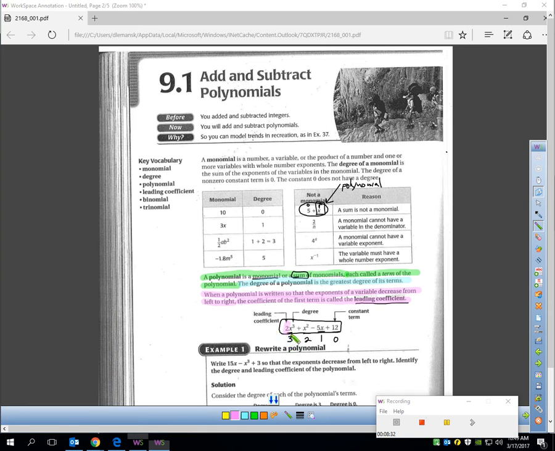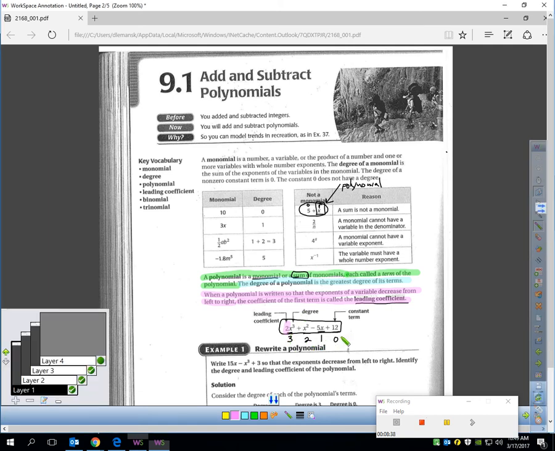So this has a lead coefficient of 2. Do you notice the highest degree in any of these terms is 3? So the degree of this polynomial would be third degree. And there's only one constant in this polynomial, it's 12. That's the only value that doesn't have a variable with it.